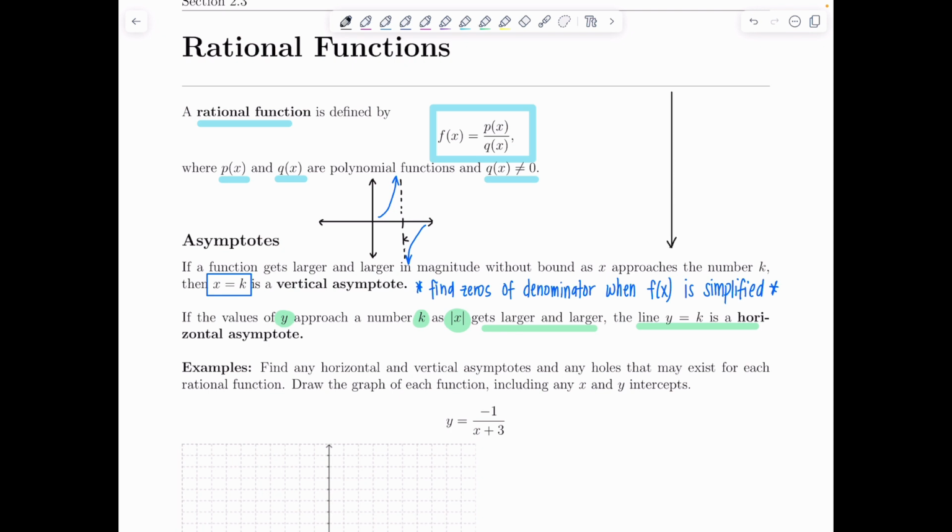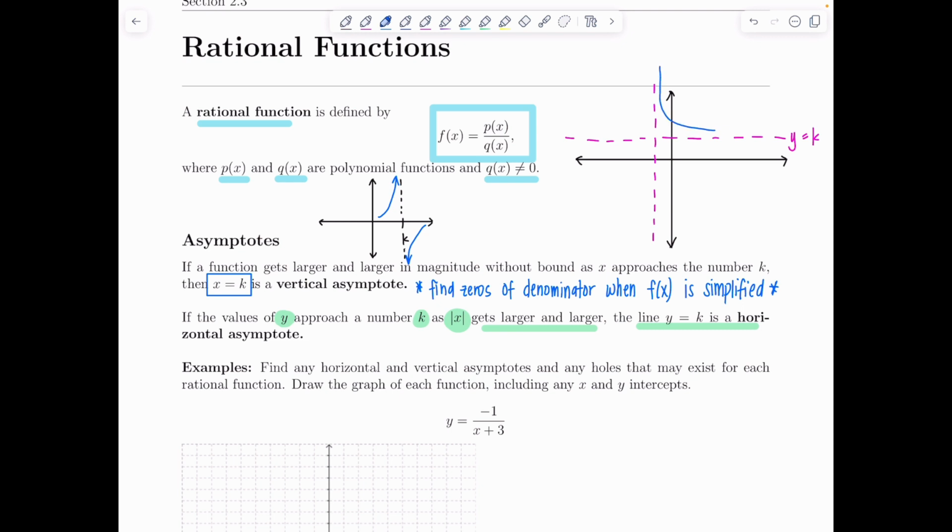So let's show what that would look like when you have a horizontal asymptote. So here's our function, rational function, and say I have a vertical asymptote, just for fun, I'll put one here. Okay, and then say we have a horizontal asymptote also here somewhere. And this is y equals k. Sometimes the graph will look something like this.